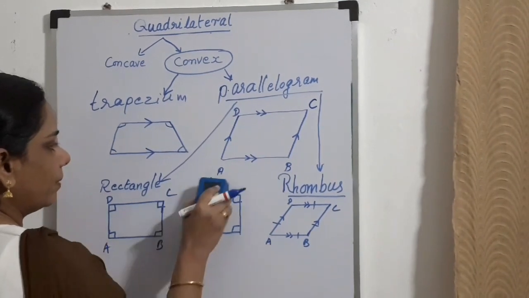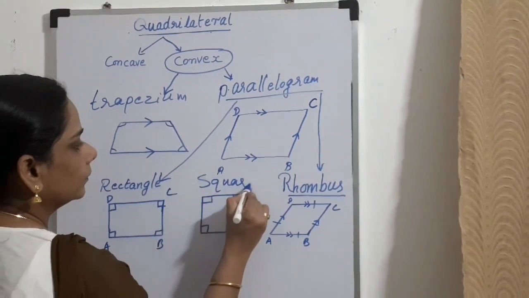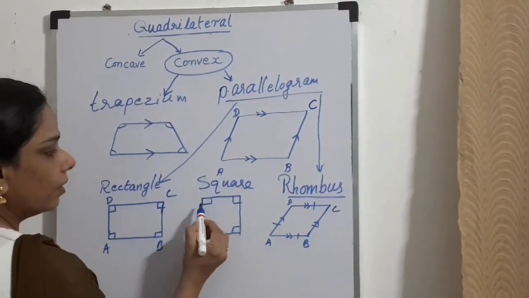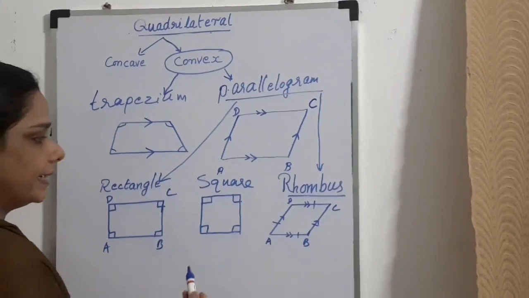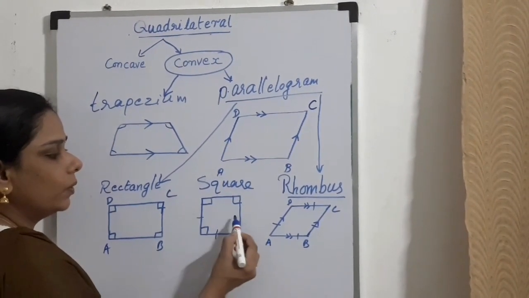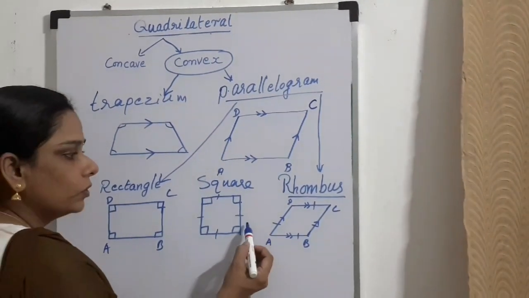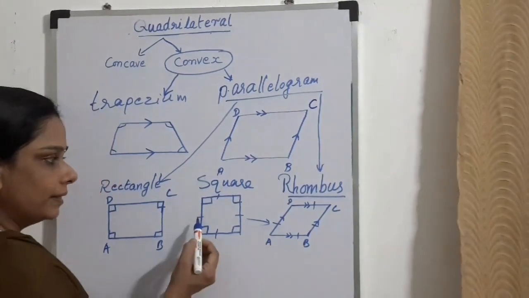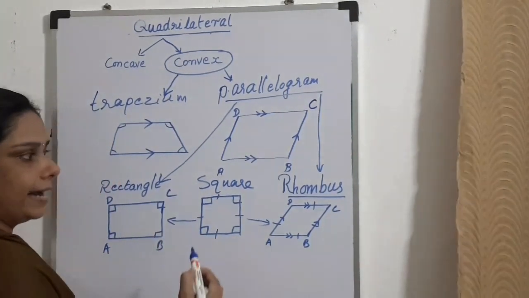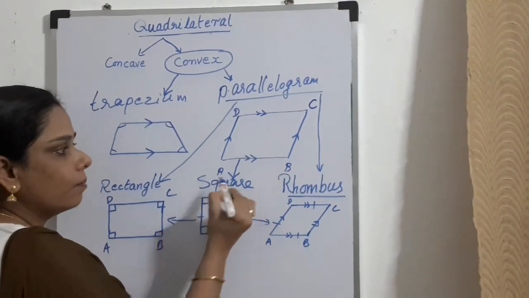So, what do we mean by a square? Square means if all the four angles are 90 degrees and all the four sides have equal length, we will call that a square. So, a square is a rhombus, a square is a rectangle, and not only that, a square is a parallelogram also.